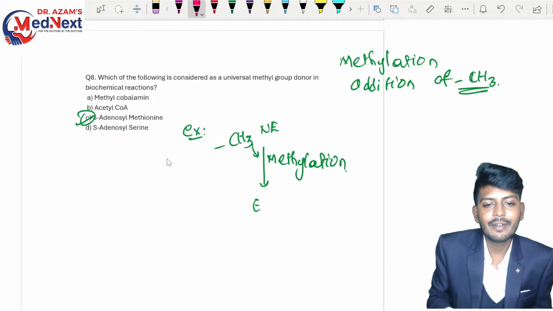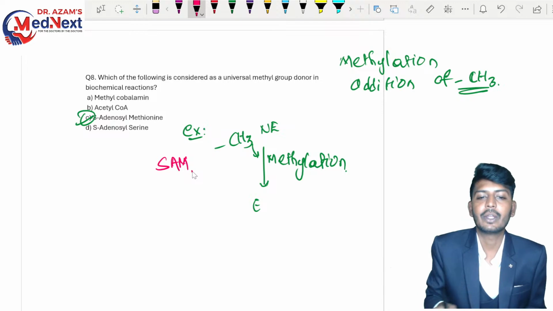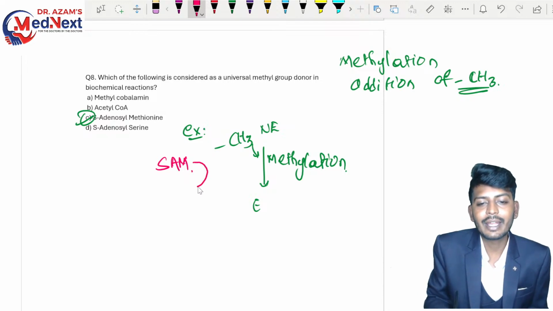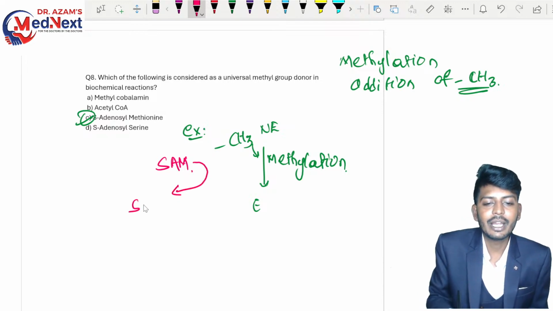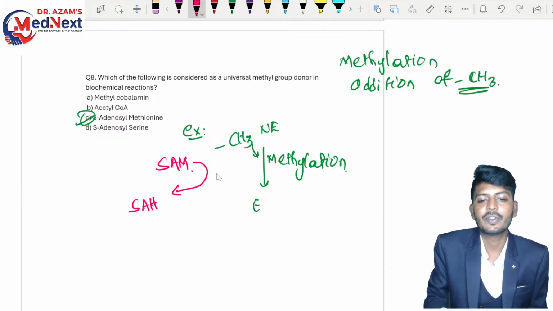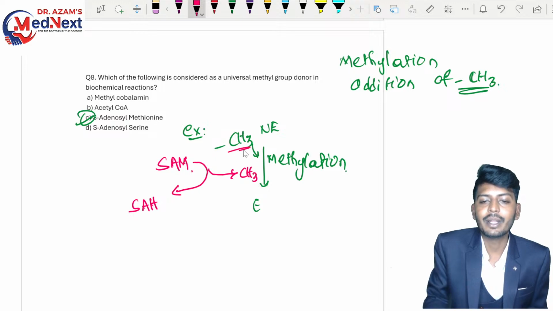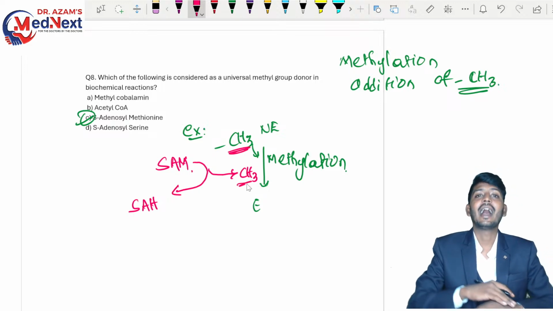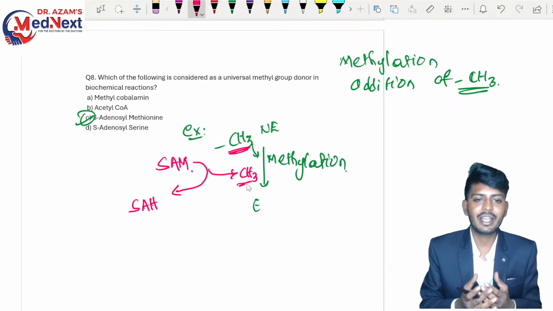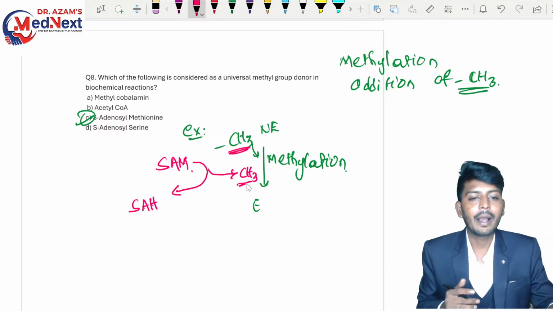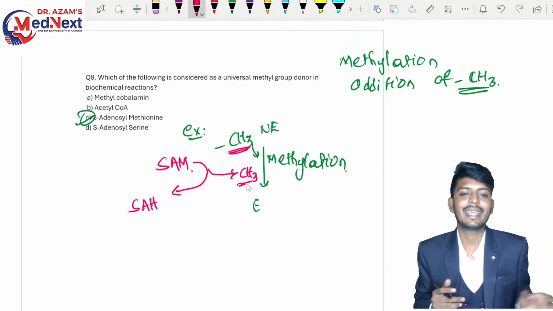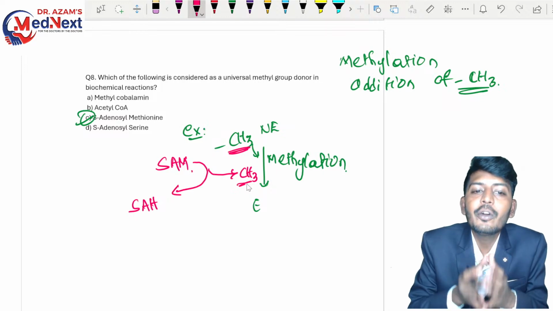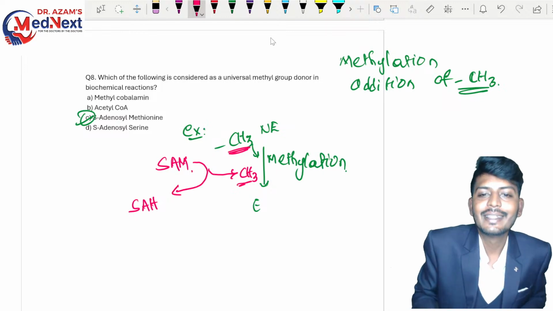So basically we will have Sam uncle. Who is that? Sam uncle, S-adenosyl methionine. What does S-adenosyl methionine do? It gets converted into S-adenosyl homocysteine and donates your CH3 methyl group. So where did the methyl group come from? From SAM. In most of the body's reactions, in all places, the most important methyl group donor in the human body is SAM, children.